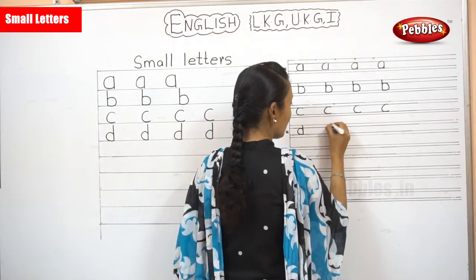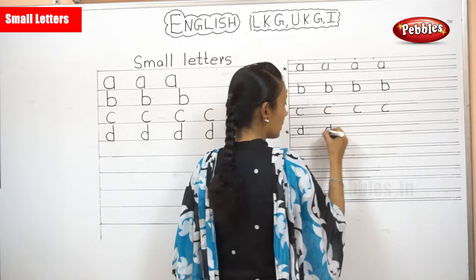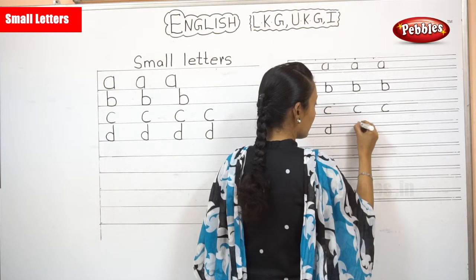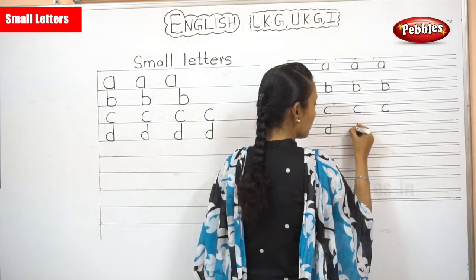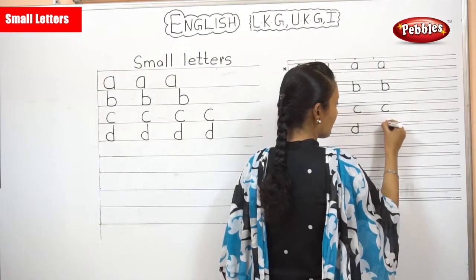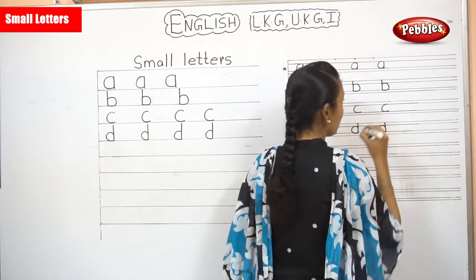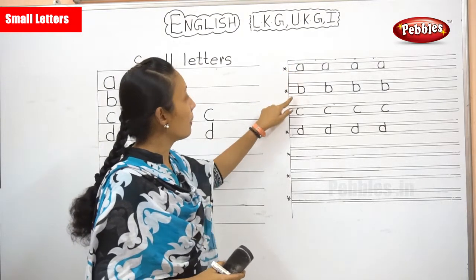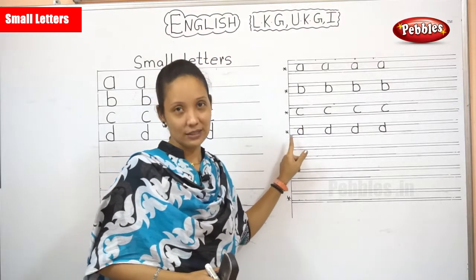Again your standing line and your curve, small d. Yes, so you learned A, B, C and D.